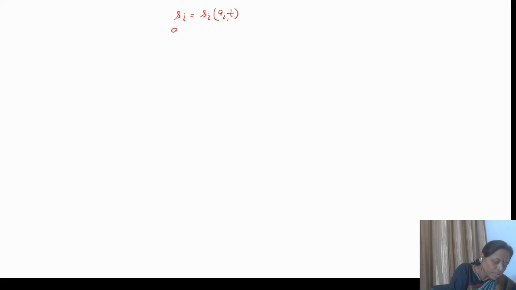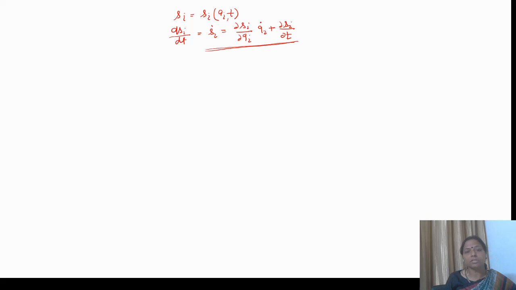So what is d si dt? That means what is si dot? It is delta si delta qi times qi dot plus delta si delta t. So this is the rule which will provide you si dot. Si dot is not free. It is restricted under a certain rule.